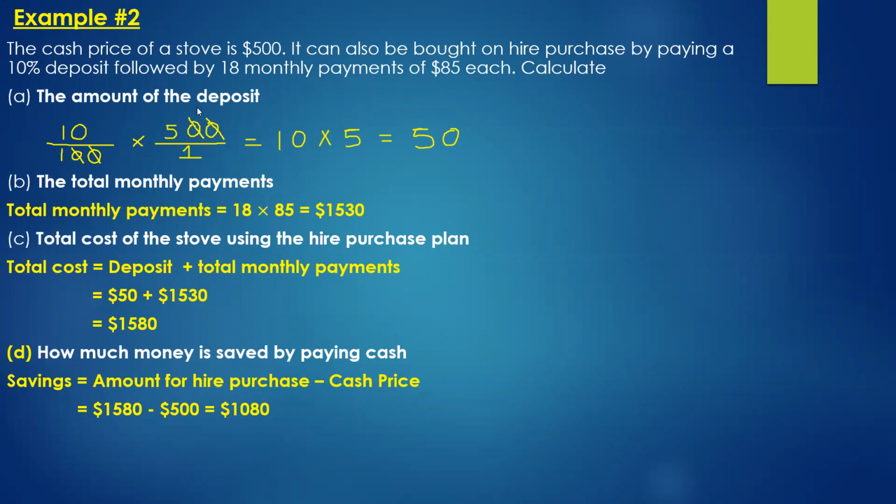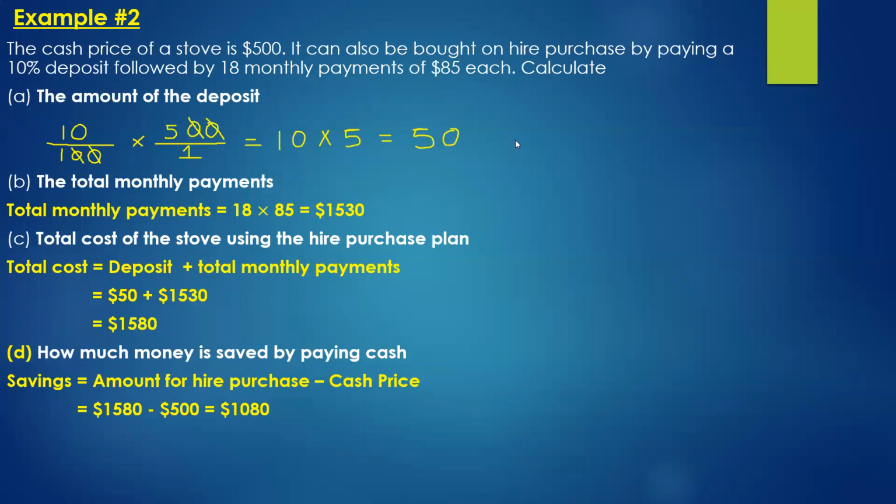So first what you have to do, you take the percentage, which is 10%, and you put that over 100, and you would times that by the cost of whatever they buy, which is 500. You put that over one. Then you would cancel out the zeros from the 100 and the 500. So now you have 10 times 5. 10 times 5 gives us 50. And that's the amount of the deposit.